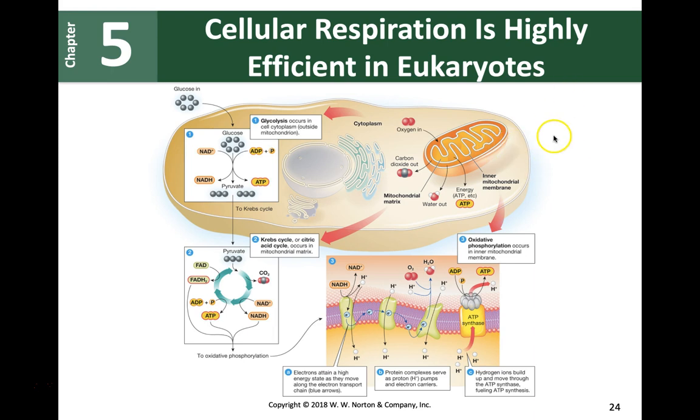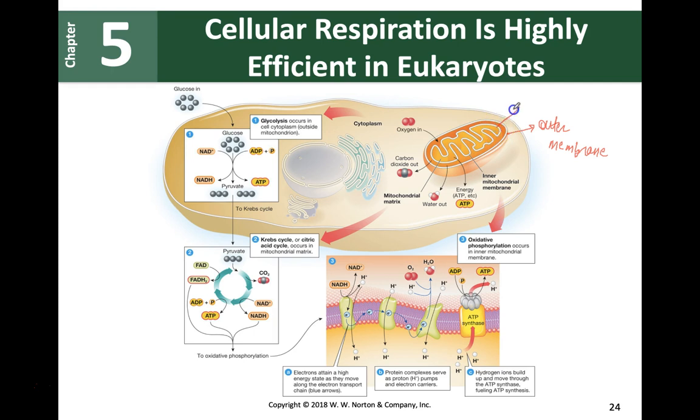So here you can see we've got the outer membrane. This right here is the outer membrane of mitochondria. And then you see this one, the one which is twisted.